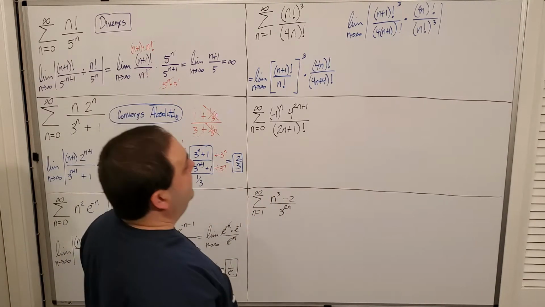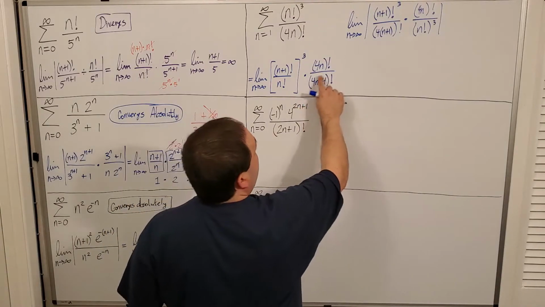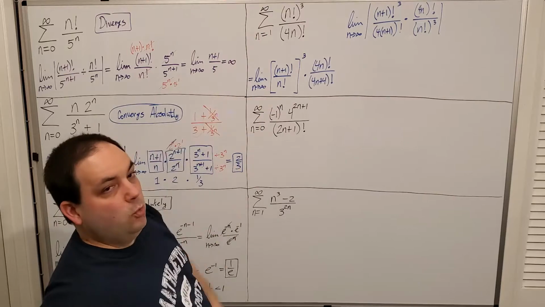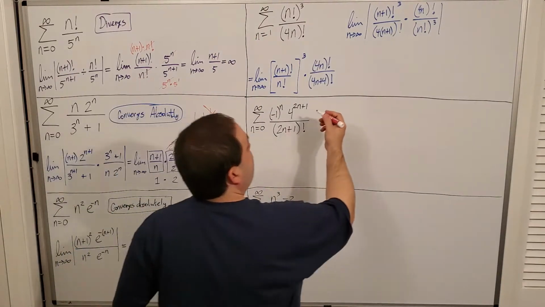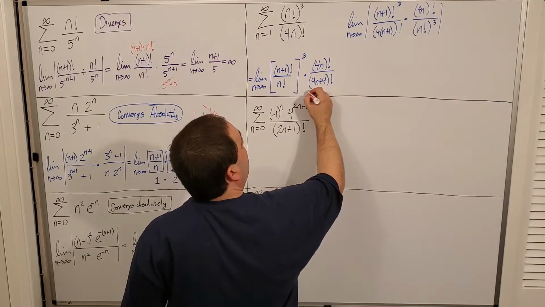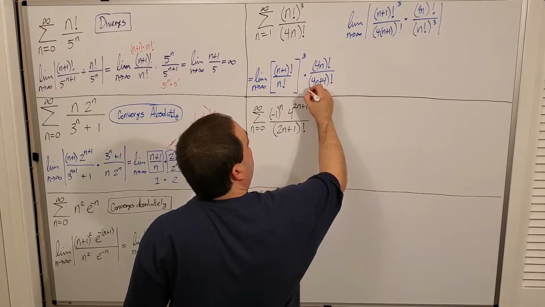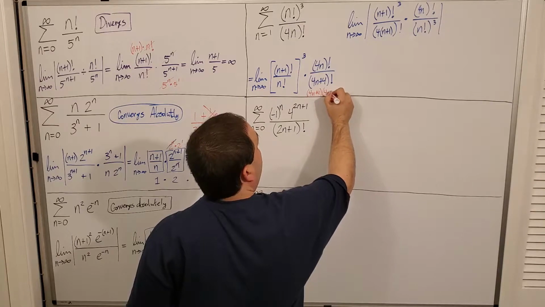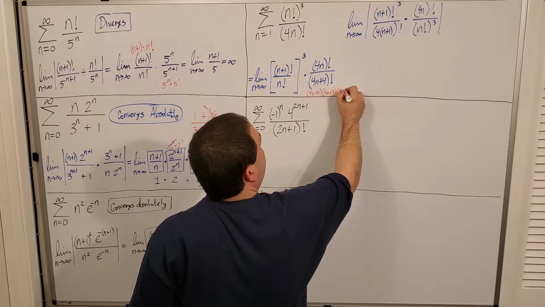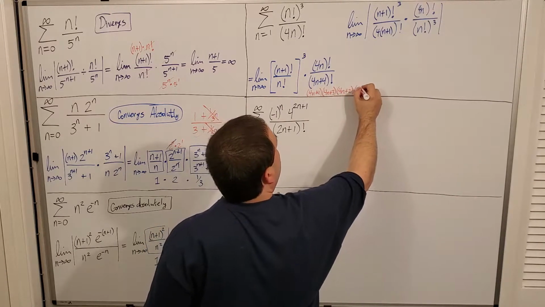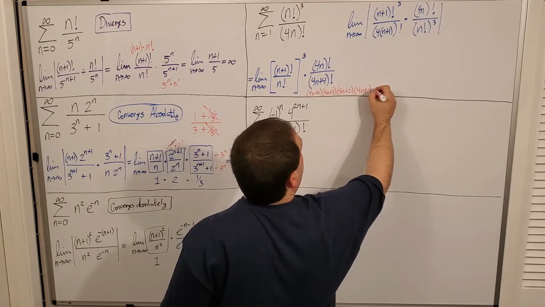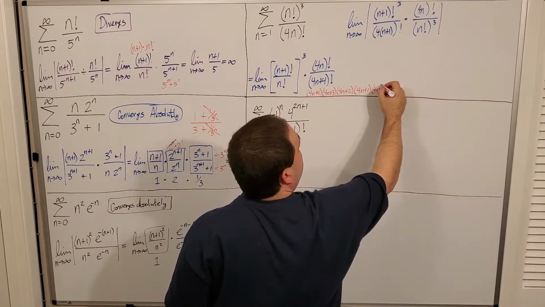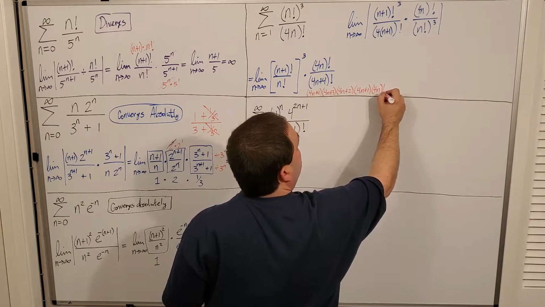And I'm going to rewrite this 4n plus 4 factorial so that I can reduce it with the 4n factorial. It's got to count down to do that. 4n plus 4 factorial is the same thing as 4n plus 4 times 4n plus 3 times 4n plus 2 times 4n plus 1 times 4n, and then it's going to keep going factorial.